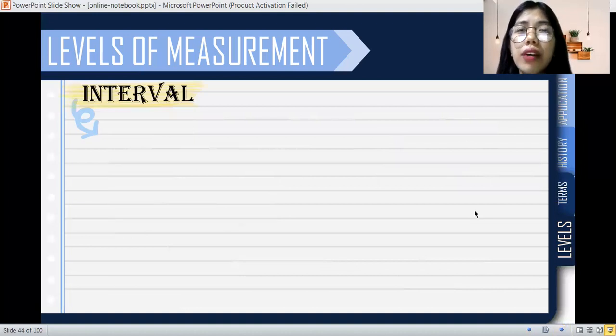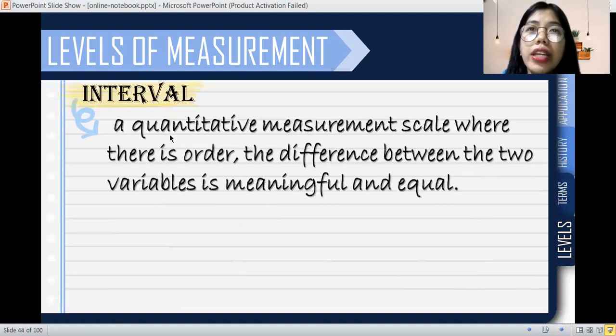The third one, we have the interval. Now, for this one, it is already a quantitative measurement scale where there is order and the difference between the two variables is meaningful and equal.